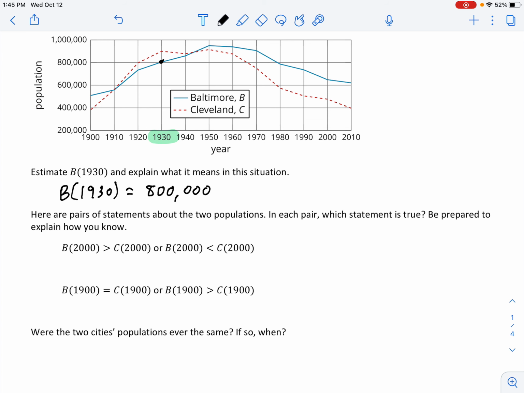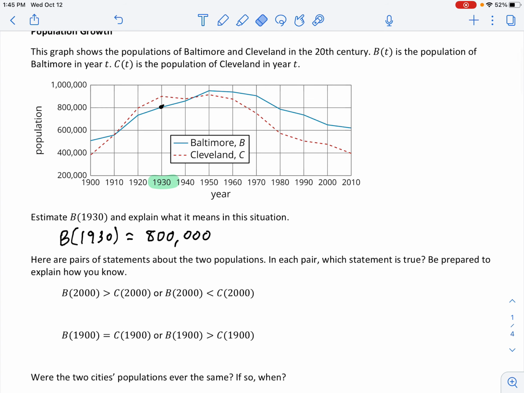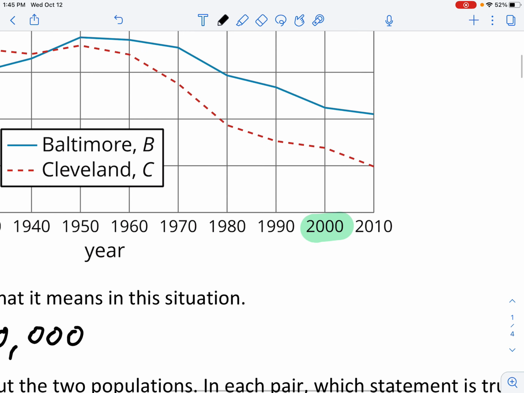And the way we can figure that out is we can go back to the graph and look at 2000. So we're going to find 2000 on the graph. So it's way over here on the right-hand side. And then we just go up until we hit each graph. And so you can see that the first graph that we hit is Cleveland right there. And the second graph that we hit is Baltimore.